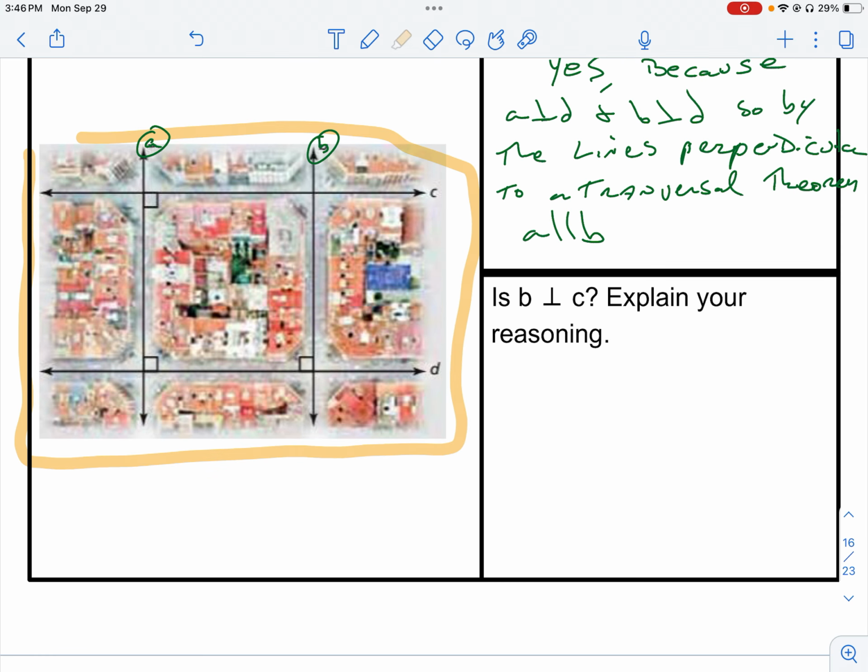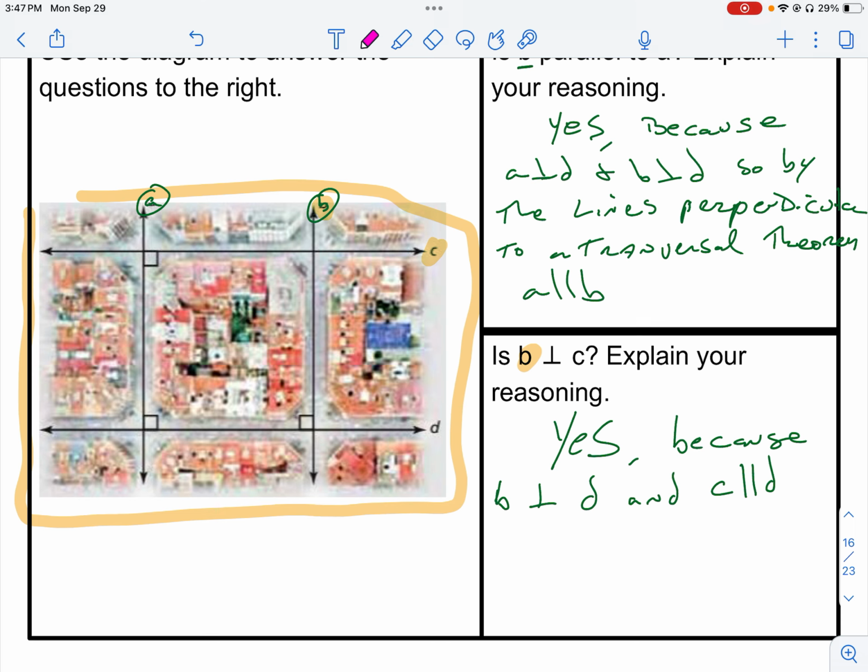Is B perpendicular to C? Yes. Because B is perpendicular to D, and C is parallel to D. And how do we know that?